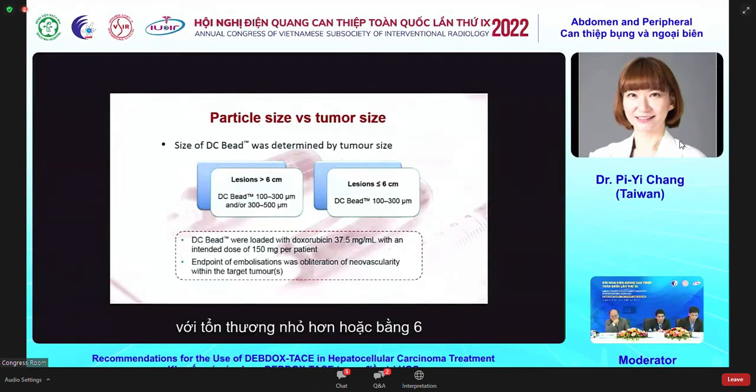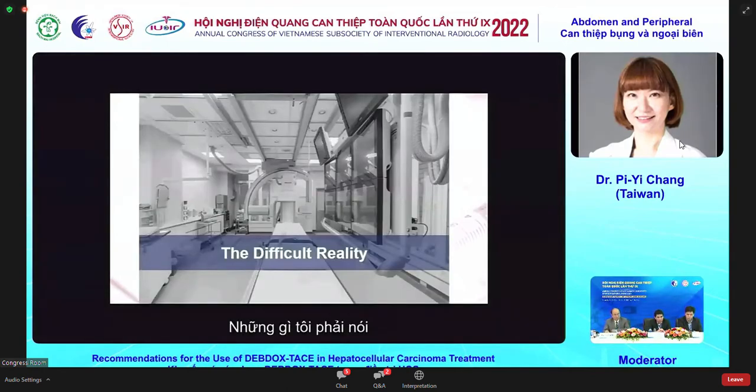If the lesions are smaller or equal to 6 centimeters, then beads that are between 100 and 300 micrometers work best. But I have to say, in practice, it's more difficult and different from the ideal situations. Reality is usually more complicated.